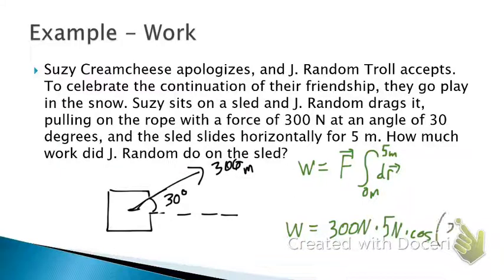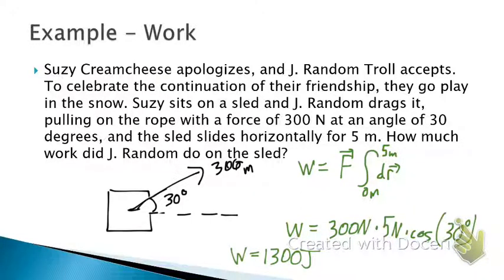In this case, that angle is 30 degrees, because the sled slides perfectly horizontally, and the force is 30 degrees offset from the horizontal. So I get the work that J Random did on the sled is 1,300 joules.